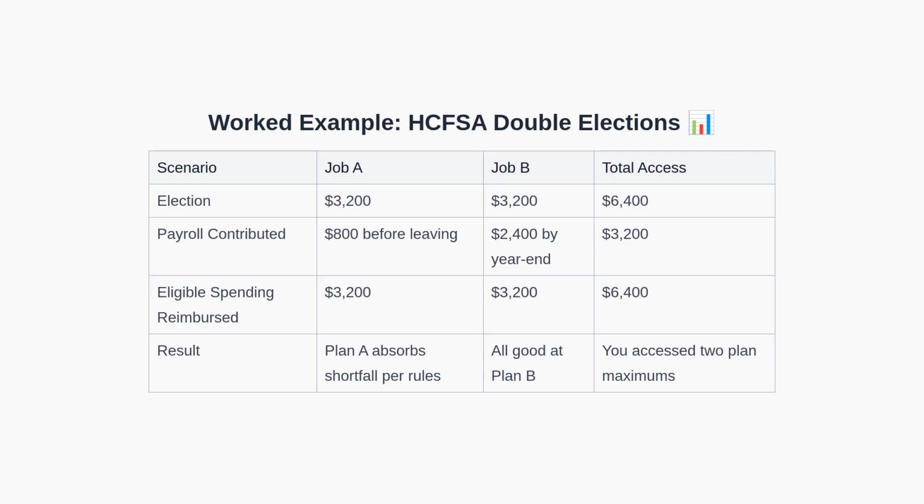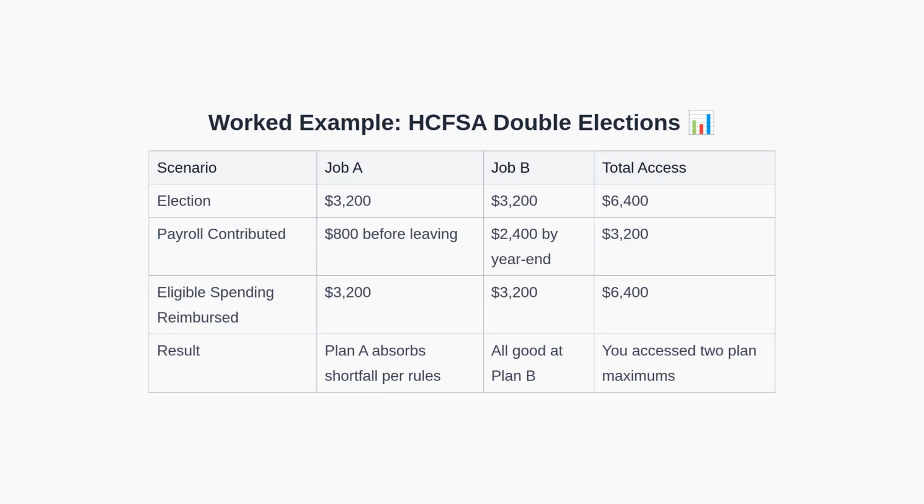Here is a simplified HCFSA example using a $3,200 limit. At Job A, you elect $3,200 and spend it early. You leave after contributing only $800 through payroll, but you were reimbursed the full $3,200. The plan typically absorbs the $2,400 difference under cafeteria plan rules, subject to your plan.